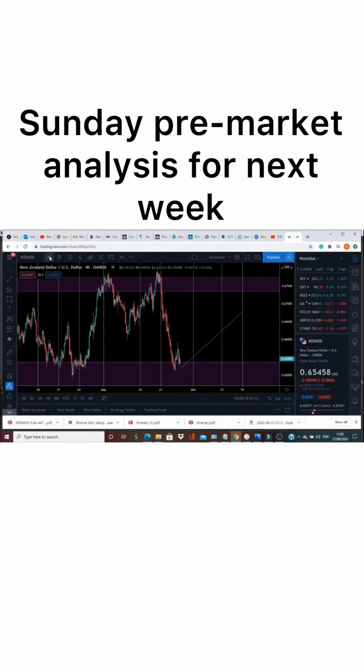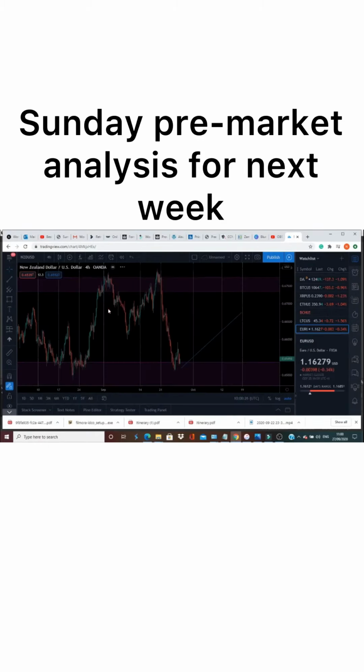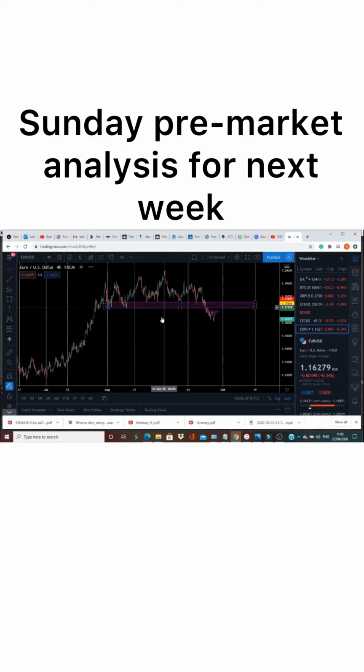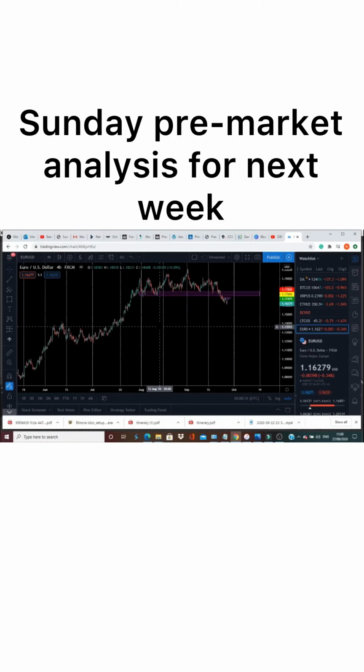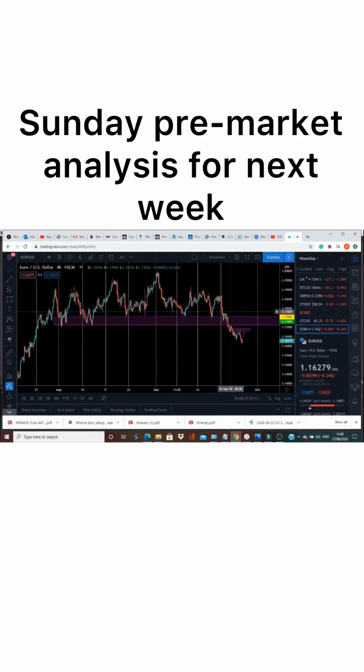Then on the Euro USD, which is the second currency pair that has been interesting to us, you can see that price was able to break this area of support.